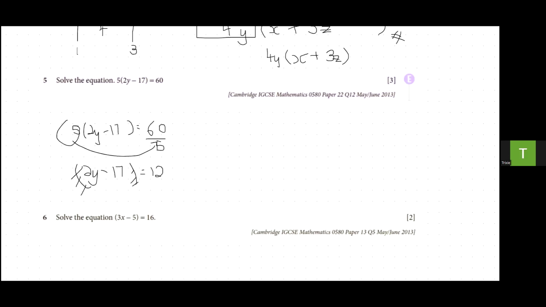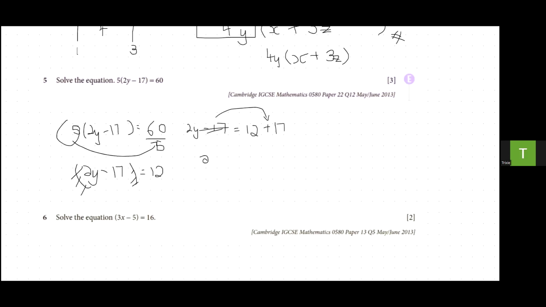Then we'll get 2y minus 17 equals to 12. Then we'll do the subtraction first, changing it to the other side. When minus changes to the other side, we'll get plus. So minus 17 changes to the other side, becomes plus 17. And then this could be deleted.